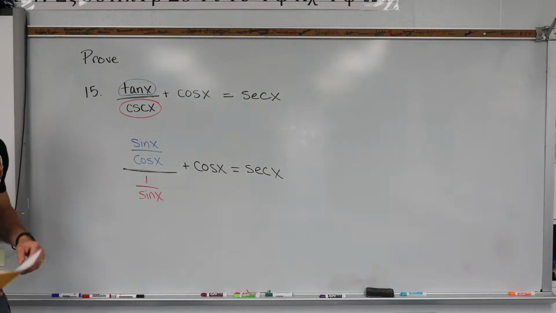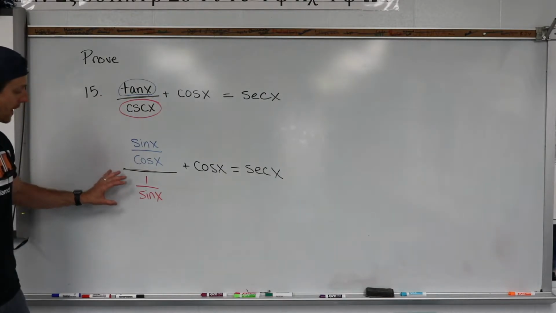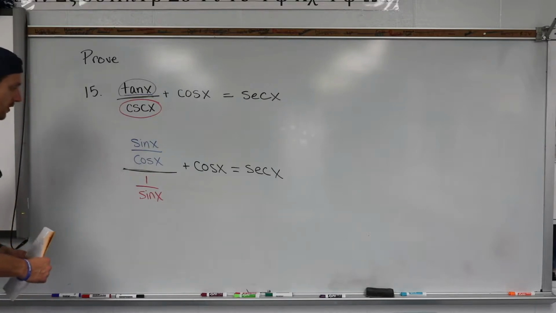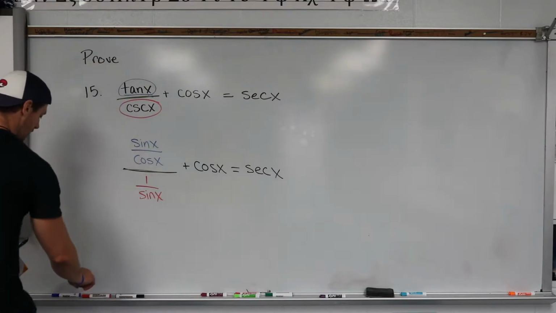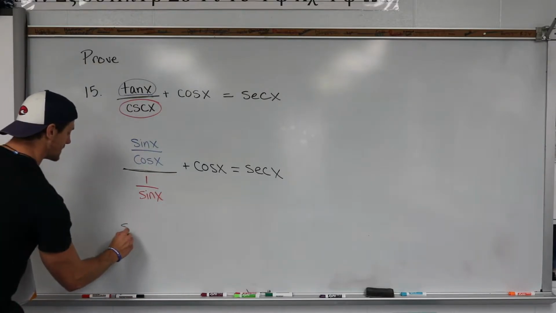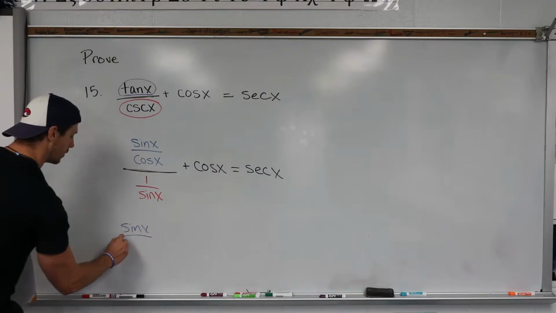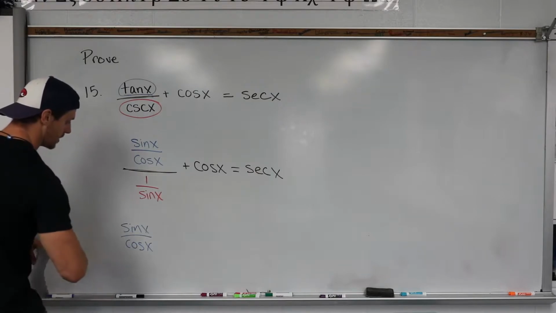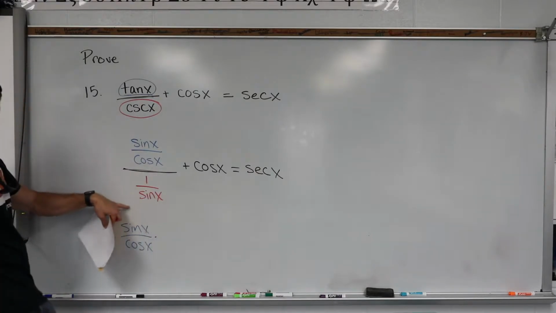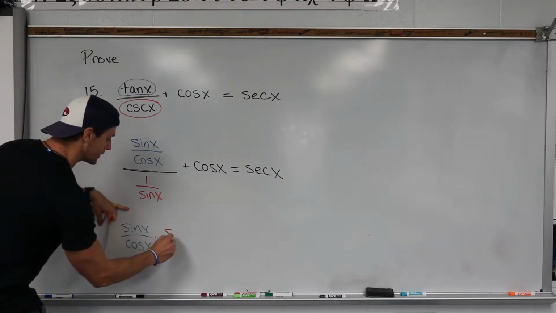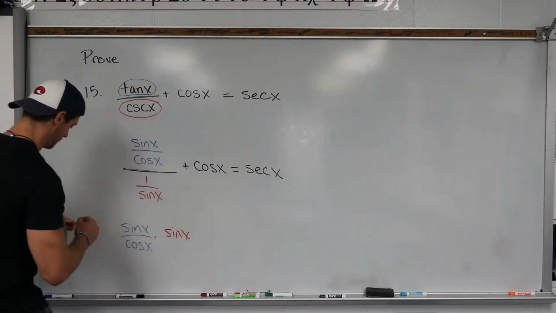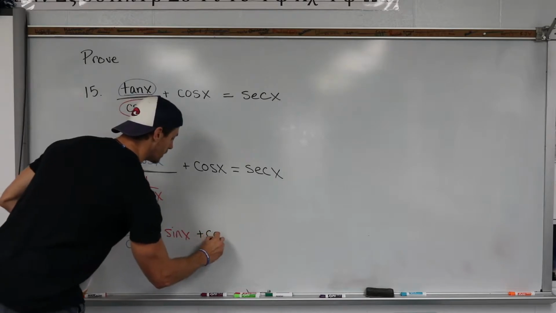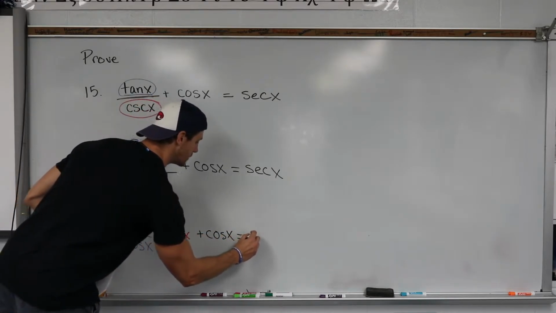When you divide by a fraction, you multiply by the reciprocal, and that's exactly what we're about to do. I'm going to rearrange this: sine of x over cosine of x times the reciprocal of 1 over sine of x, which is sine of x, plus cosine of x is equal to secant of x.